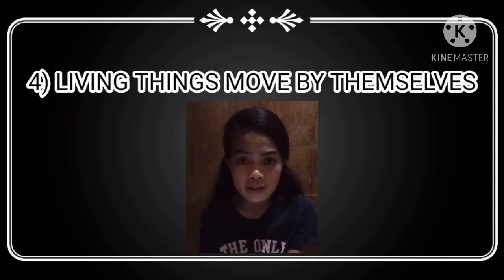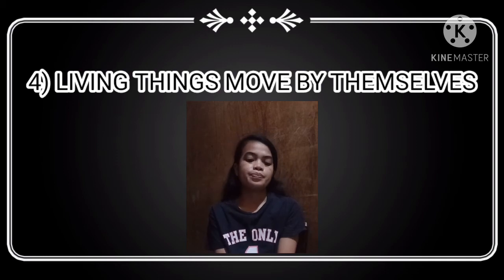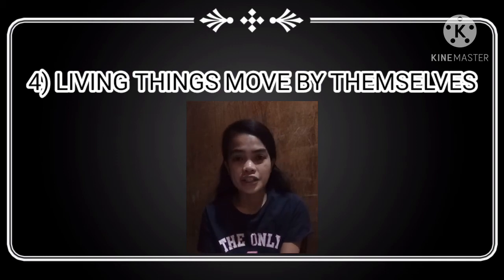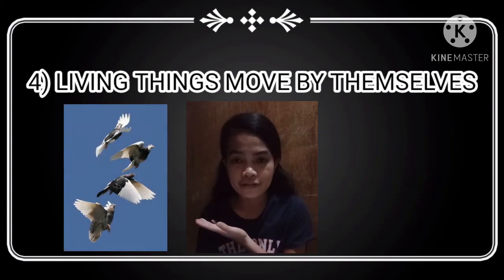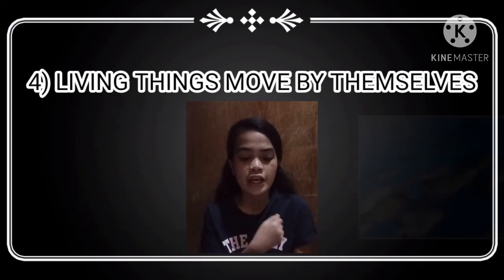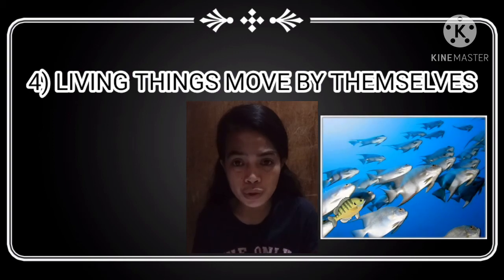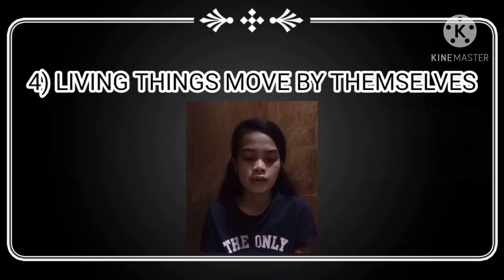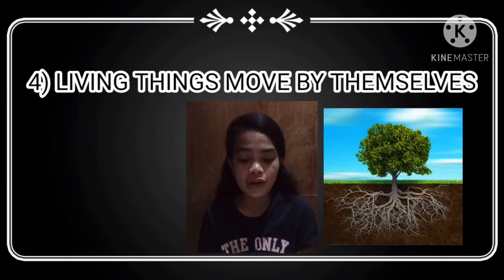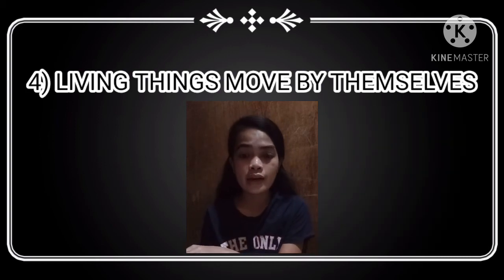To further understand, here are some examples. A child can run. The bird can fly. A fish can swim, and also a snake can crawl. And lastly, a tree's roots can move under the ground. Did you get it? Okay, good job.